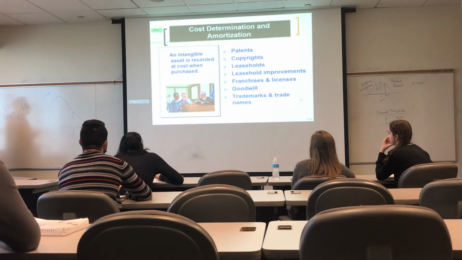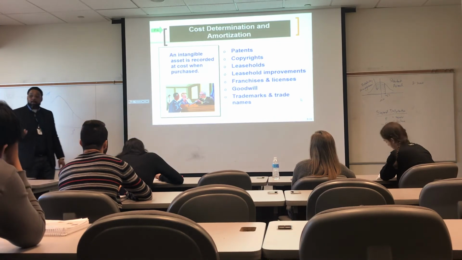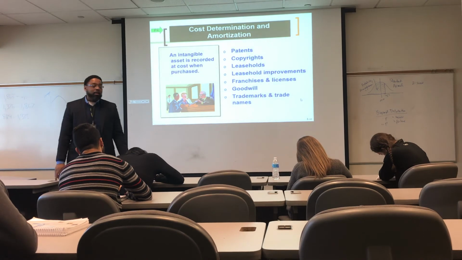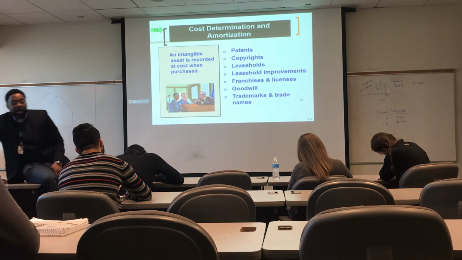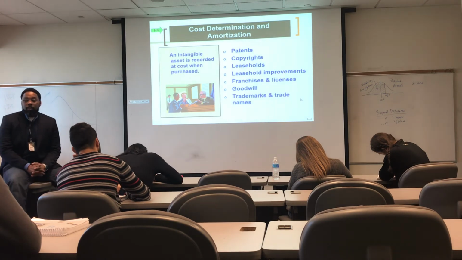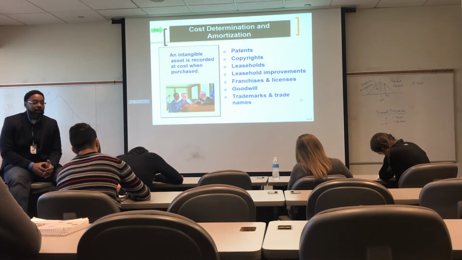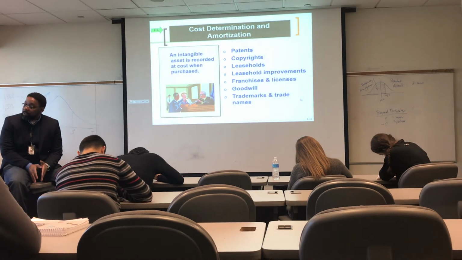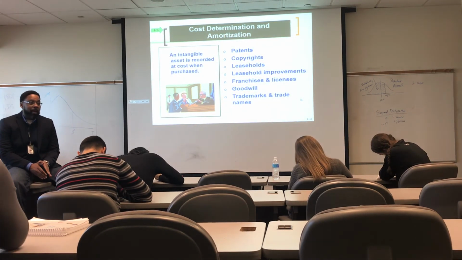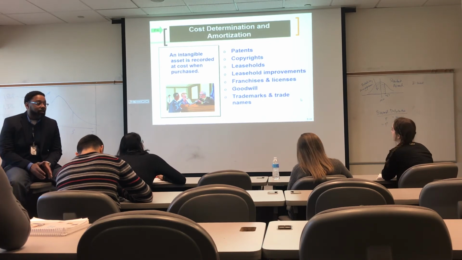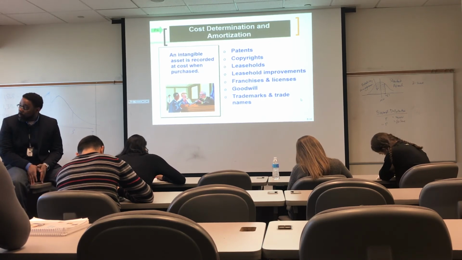Amortization, just like depreciation is for tangible assets, we amortize intangible assets: leaseholds, copyrights, patents, goodwill, trademarks. Most of the time we'll do this by straight line. But when I say amortization, I'm talking about an intangible asset. When I say depletion, I'm talking about a natural resource.